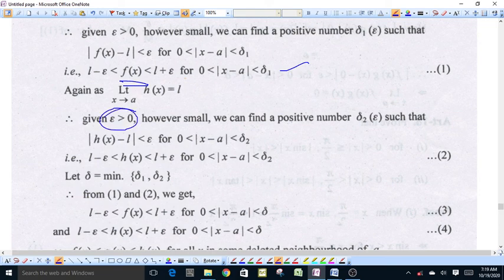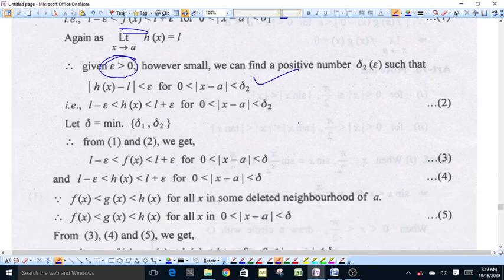For a given epsilon positive, there exists a delta 2 depending upon the value of epsilon such that |x minus a| is less than delta 2. That is, h(x) lies between L minus epsilon and L plus epsilon whenever |x minus a| is less than delta 2. Suppose we take delta is equal to the minimum of delta 1 and delta 2.